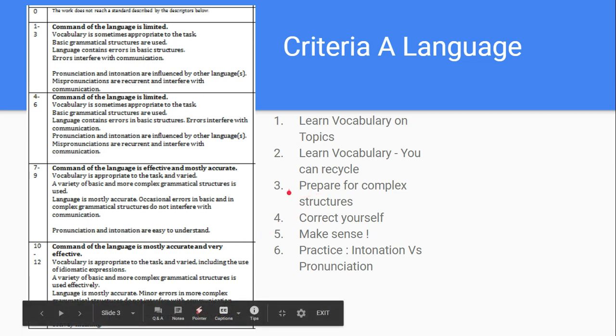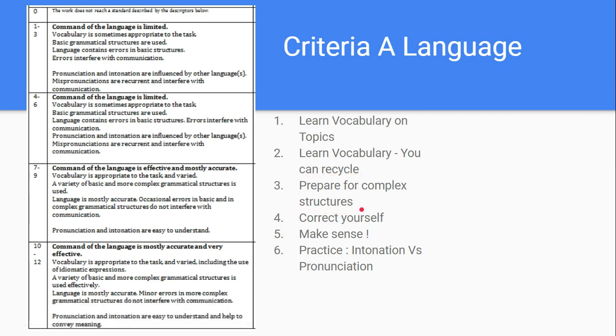The thing that often puzzles students is complex structures, and what exactly a complex structure is. In French, it's about using the variety of tenses that you have, potentially the subjunctive and more tricky grammatical aspects.